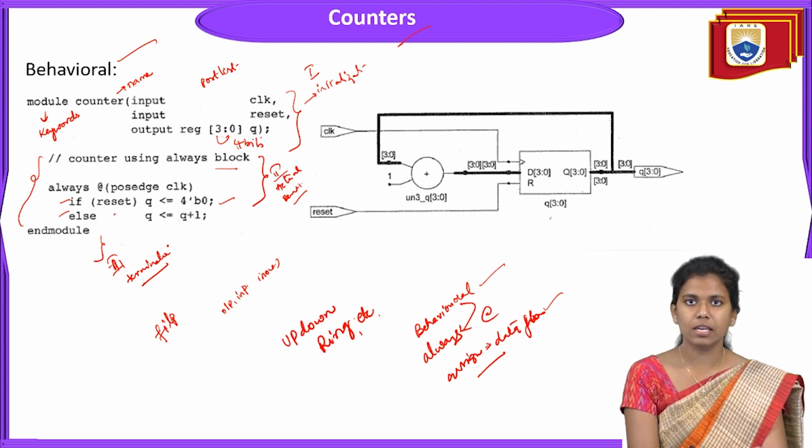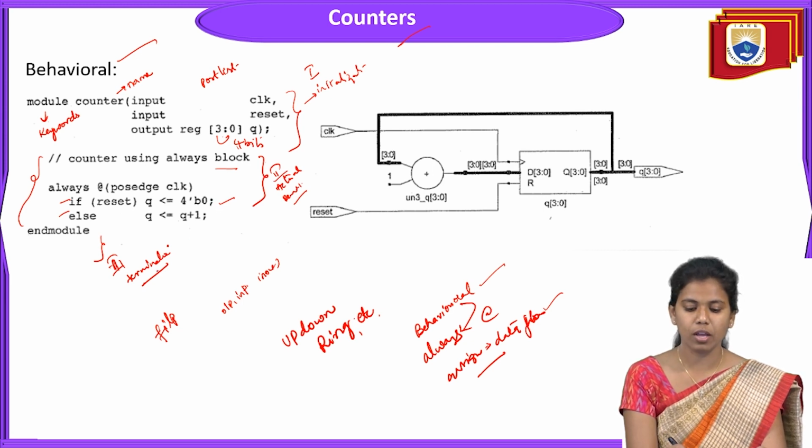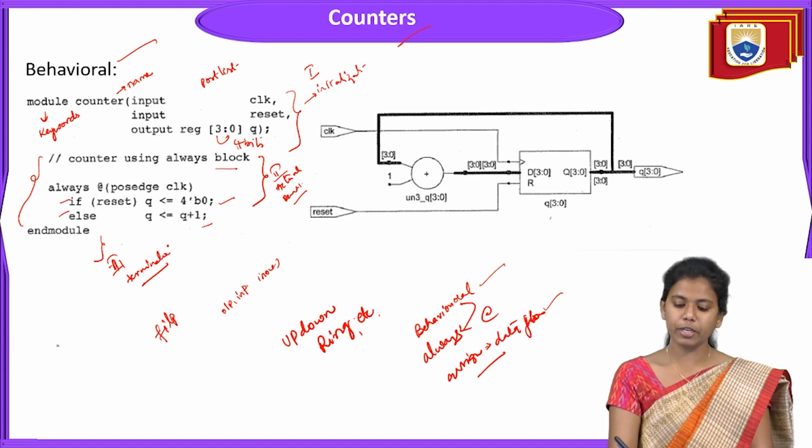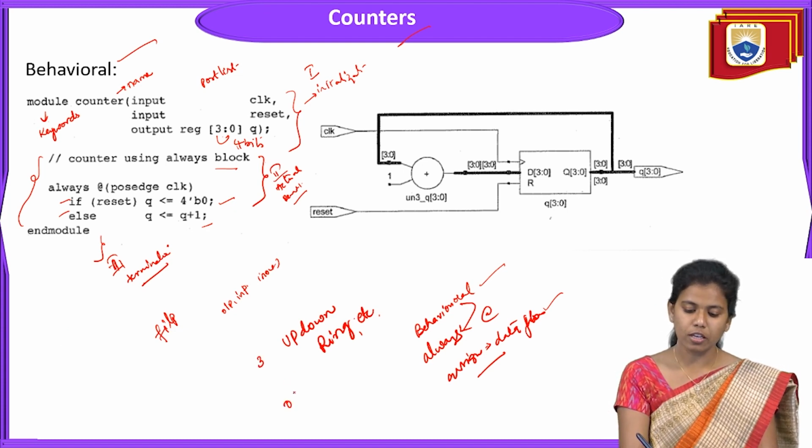If not reset, what happens? My q becomes q plus 1. That means from 0 to 3: 0, 1, 2, 3, so totally 4 bits.